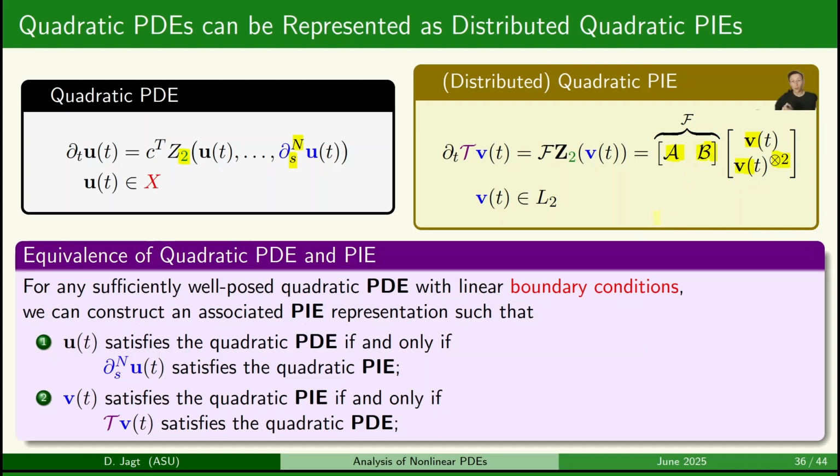And we can prove that these two representations are equivalent. So if u satisfies our quadratic PDE, then its highest order spatial derivative will satisfy the PIE. And moreover, if v is a solution to our quadratic PIE, then T applied to v will be a solution to the quadratic PDE.